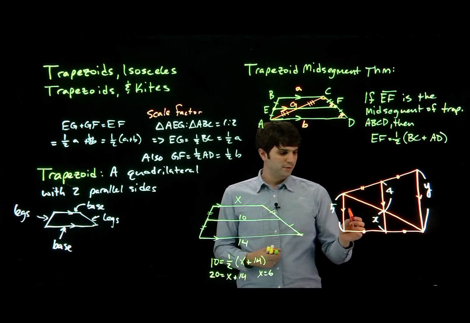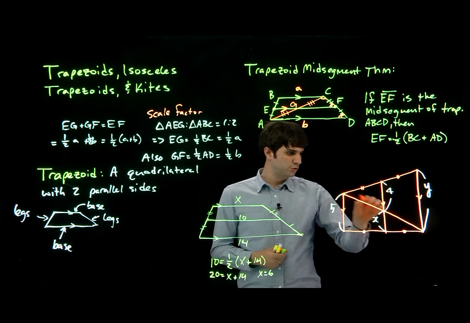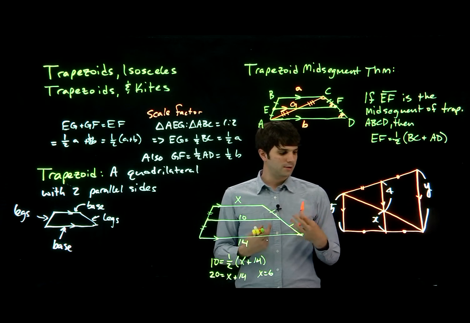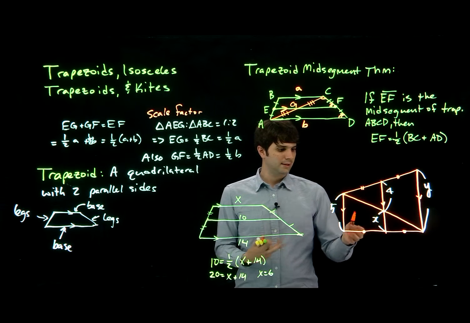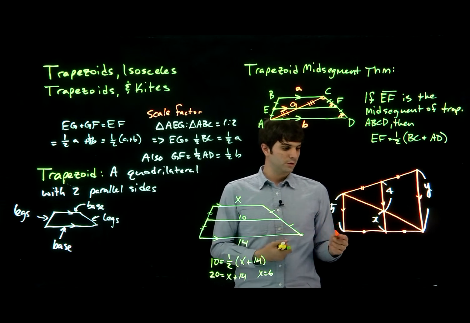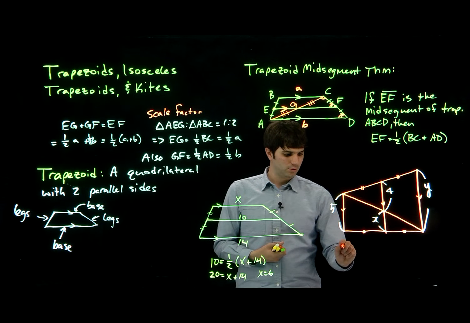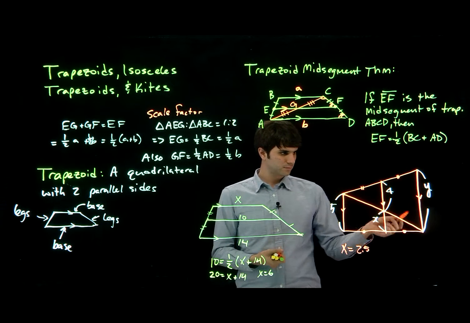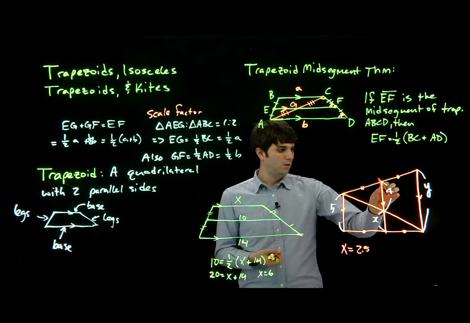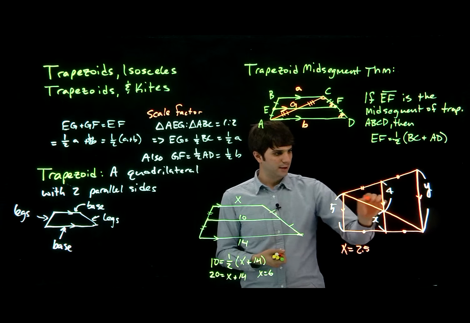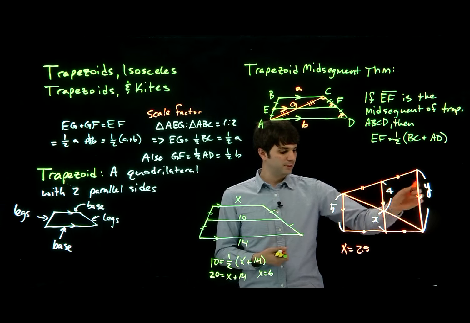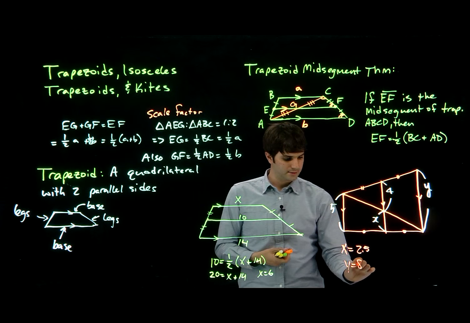Because this big triangle and this smaller triangle are similar, their sides are proportional in the ratio of 1 to 2. So if this is 5, x is going to equal 2.5. By the same logic, y is going to equal twice, because these triangles have a scale factor of 2 to 1. So if this is 4, this is going to be twice as big, so y equals 8.